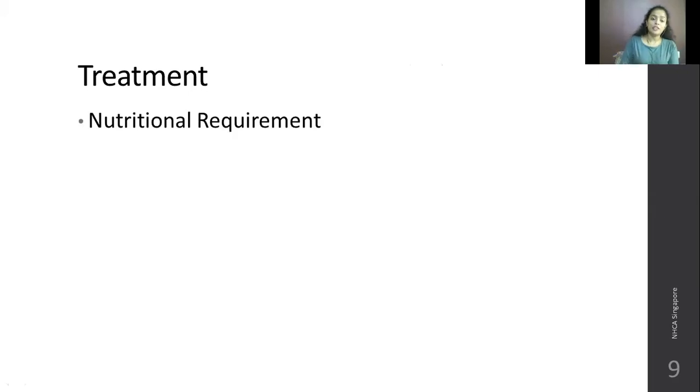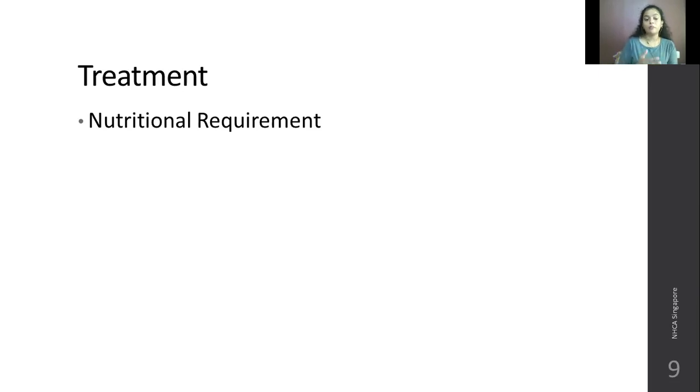Now coming to the treatment part, how you will treat these kids. First is nutritional requirement. Provide adequate levels of protein and energy. Always remember, when you're starting nutritional treatment for malnourished kids, in the first few days excessive amounts of nutrition should not be given, because in the previous class we discussed the refeeding syndrome.